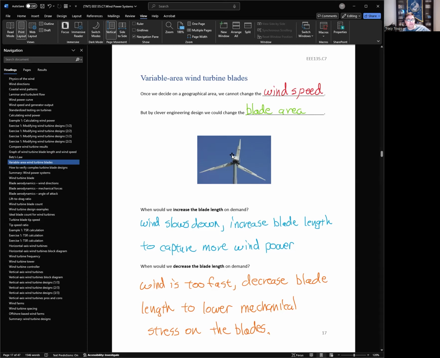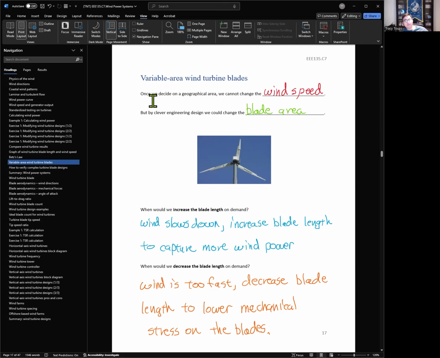But we can actually make mechanical devices to make the blade slide in and out to increase the actual length. And that will then increase the overall diameter, overall area of the blade itself. And we know that increasing the blade will increase power as well. Okay. So variable area wind turbine blades are a thing. They're expensive, but people use them sometimes.